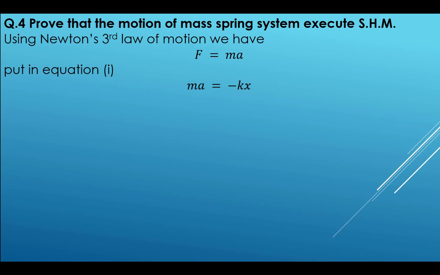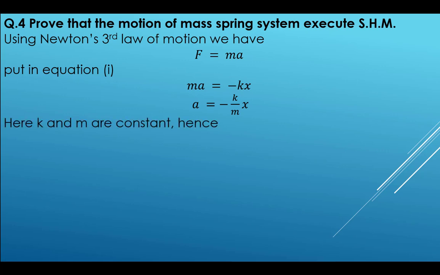Now taking mass to the other side of the equation, it is multiplying on the left hand side and definitely it will be dividing at the right hand side. Our equation becomes acceleration is equal to minus k upon m into x.